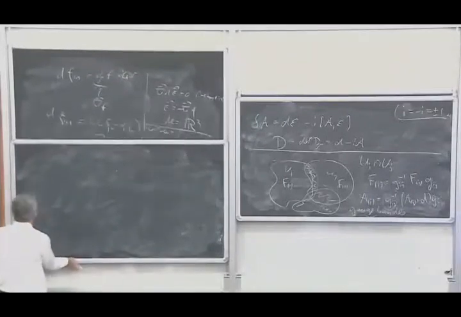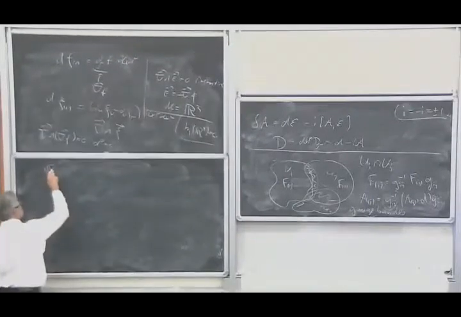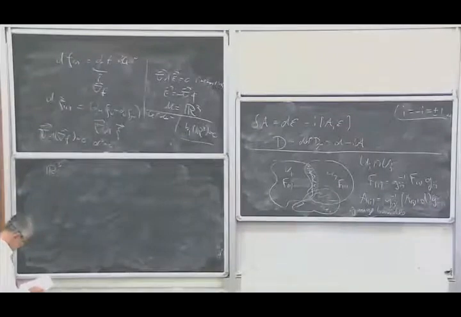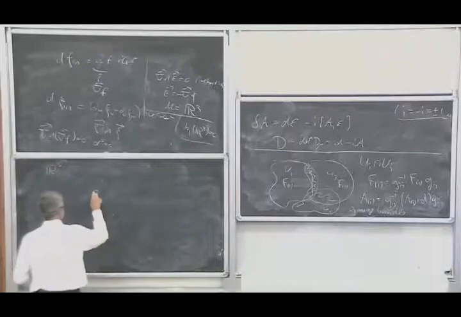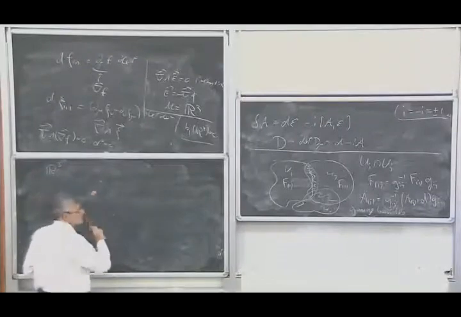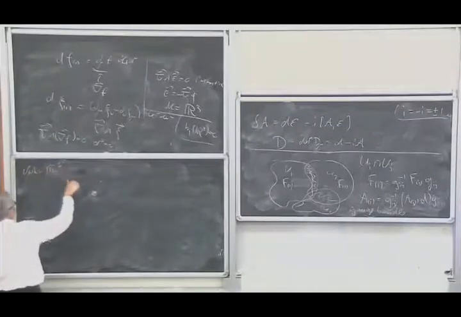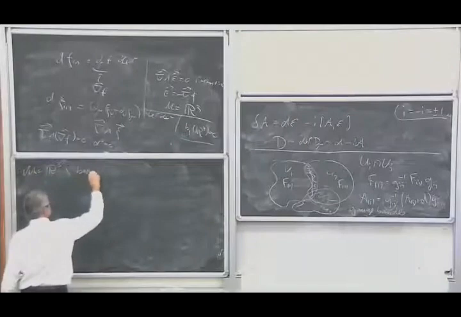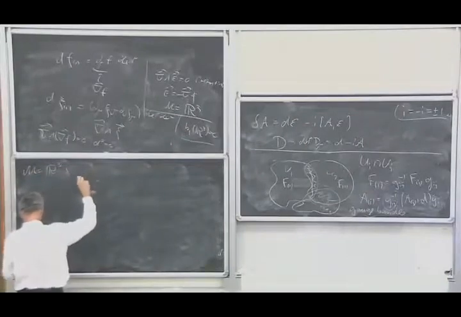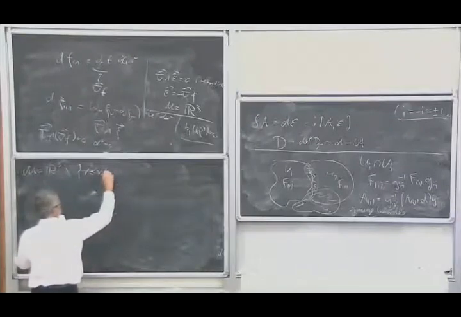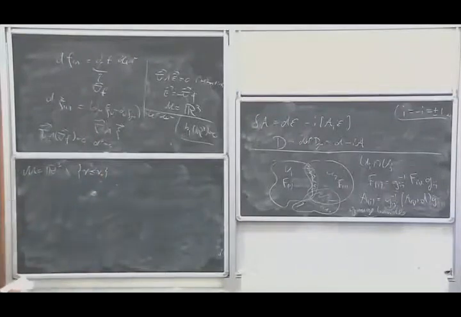So our space in the first place is R3, but not exactly. I take space to be R3, except that I cut out a little ball at the origin. So M is R3 less a little ball, r less than or equal to r0, a little ball of radius r0, which I cut out.